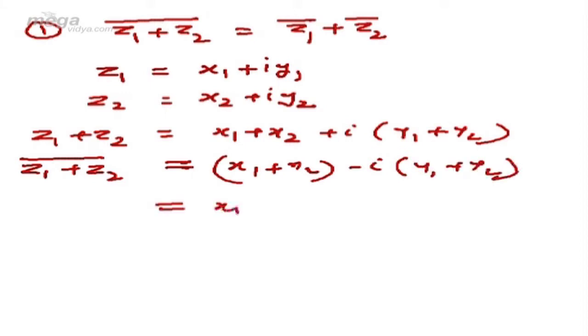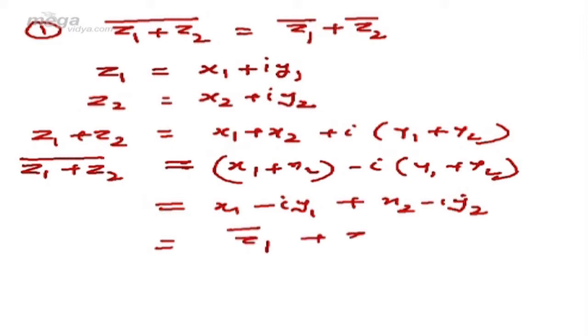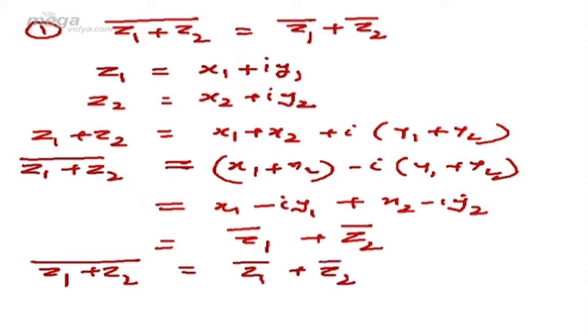This can be written as (x1 minus iy1) plus (x2 minus iy2). x1 minus iy1 is z1 bar and x2 minus iy2 is z2 bar. So (z1 + z2) whole bar is equal to z1 bar plus z2 bar.